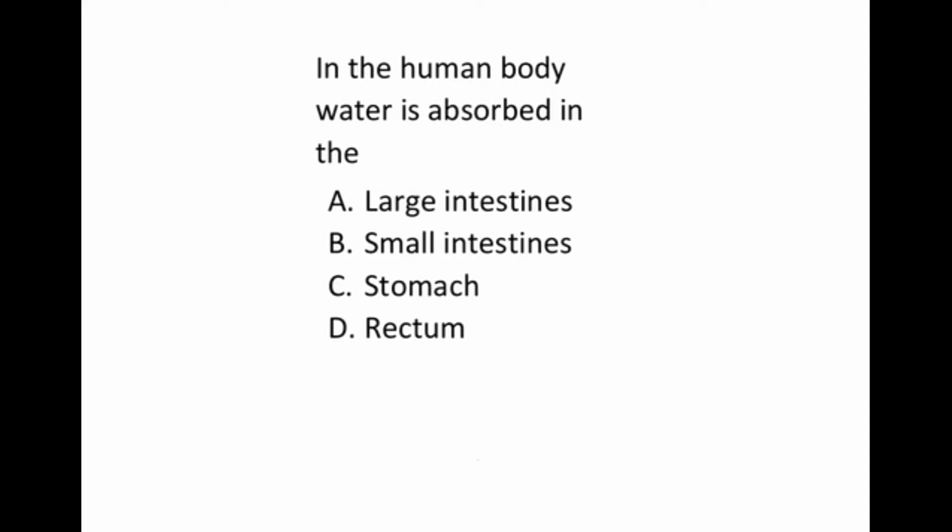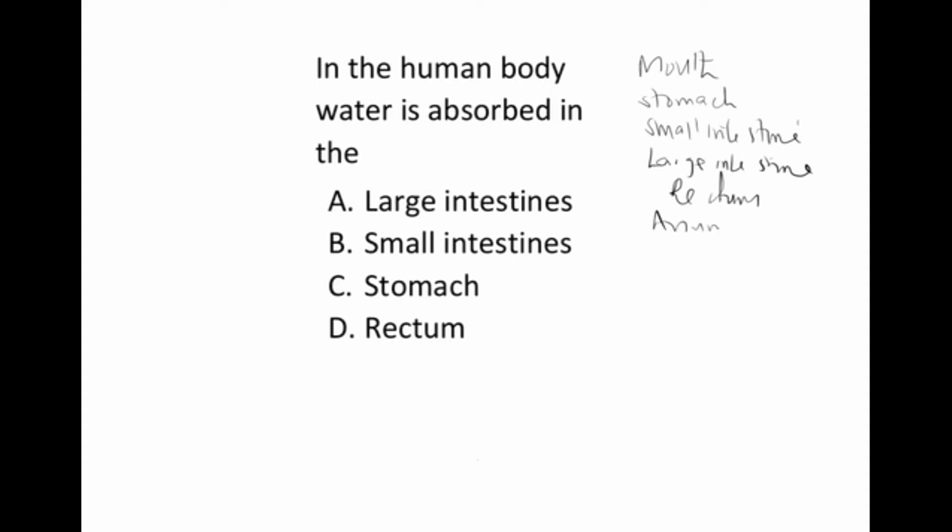So the digestive system is made up of various parts that include the mouth, we have the stomach, we have the small intestine, we have the large intestine, and then we have the rectum, we have the anus, and then we have others like the pancreas and liver, which are also very essential when it comes to the digestion of food.